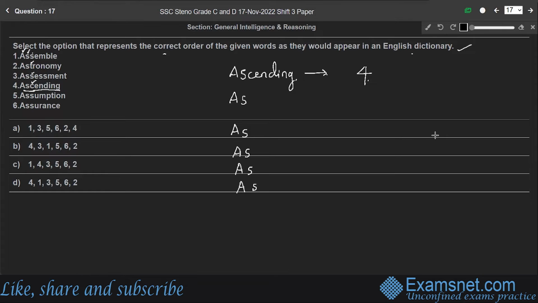So in the remaining words, in 4 words, S is the third letter, right? S comes before T, right? Therefore, we'll write those S words first. And at last, we have to take T. Therefore, astronomy is the last word, right? Which is given as the second word in the question, right?